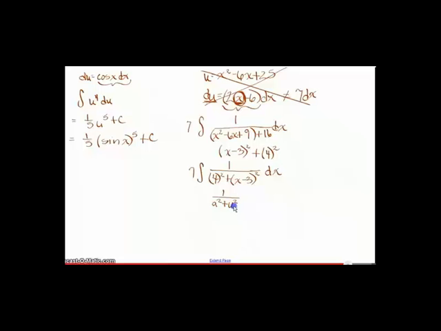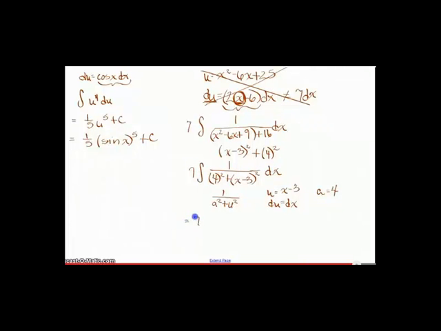I definitely see that. So this is telling me that my antiderivative is going to involve tan inverse. And so I need to choose u, that's x minus 3. I need to choose du, the derivative of x is 1 with respect to x. And I need to identify that I recognize a equals 4.